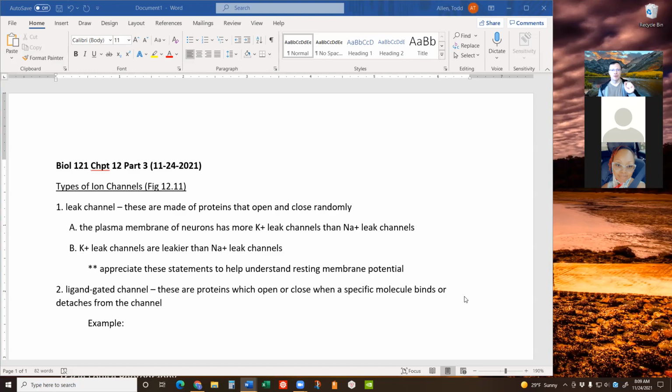What was the name of the ligand-gated channel that we discussed in chapter 10? Chapter 10 was the muscle chapter. What was the name of the specific ligand-gated channel that we talked about? What do we say it was called? Does anybody remember that?